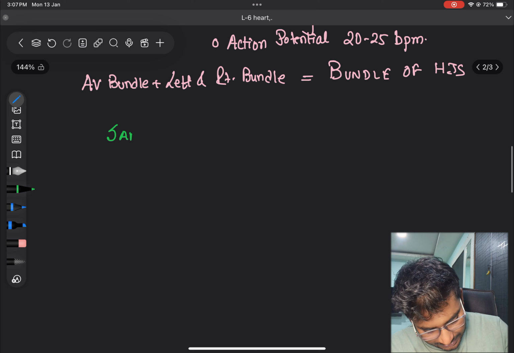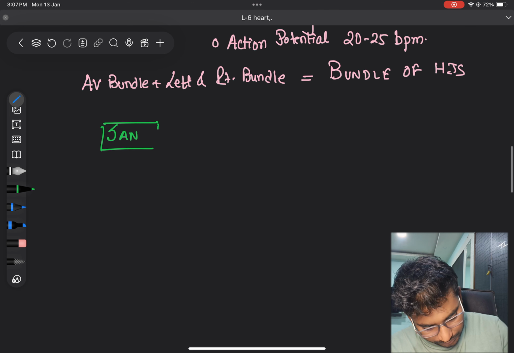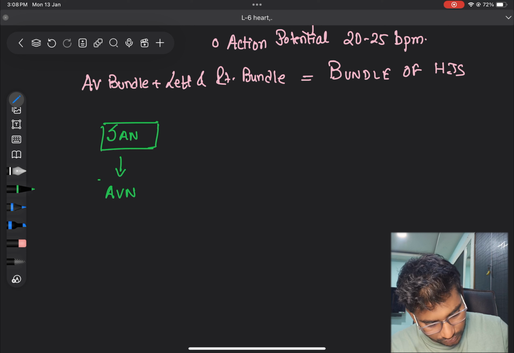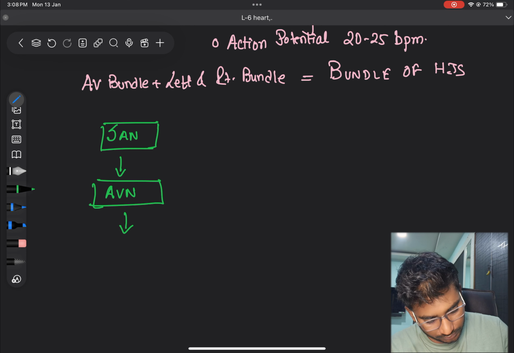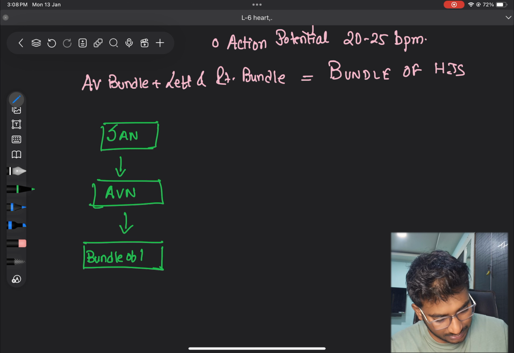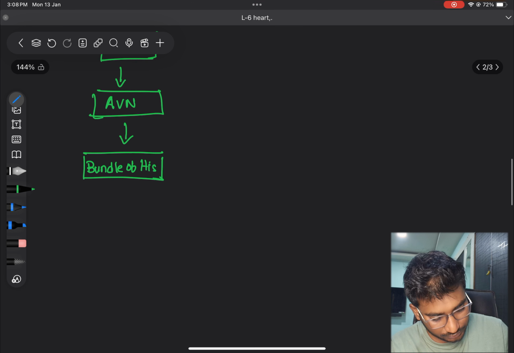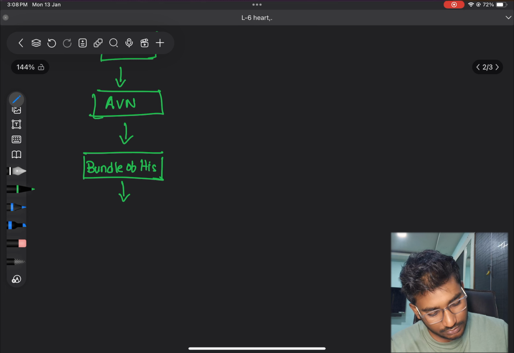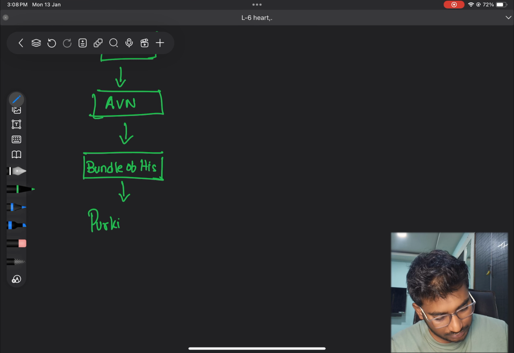Beats are generated in the sinoatrial node. Then it is sent to the AV node. The AV node sends it to the bundle of His. Then it is sent to the Purkinje fiber.